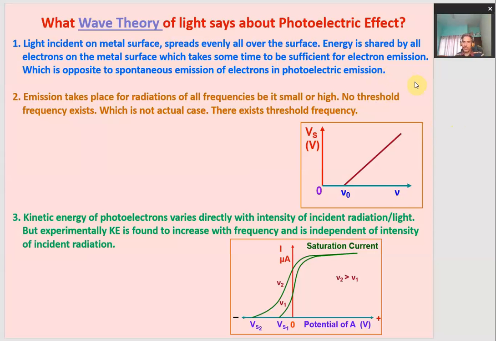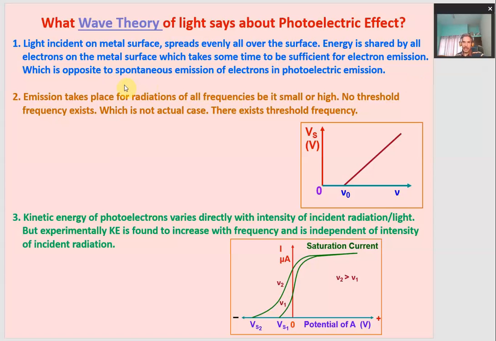So for an electron to come out from the metal surface to cause the photoelectric emission, it takes some time to absorb a sufficient amount of energy from the incident radiation. So therefore there exists some time lag between the incident radiation and the emission of electrons.